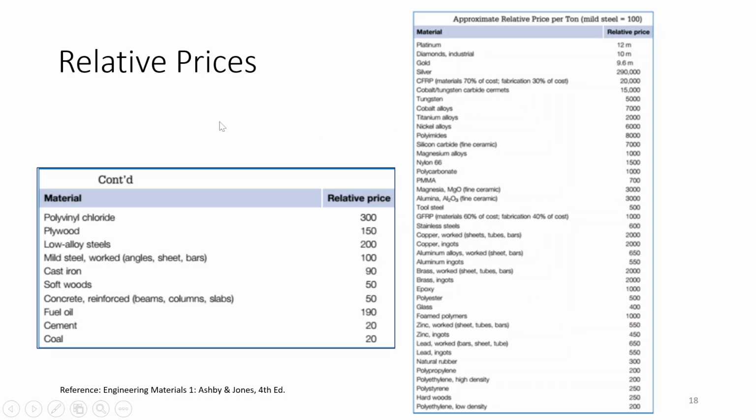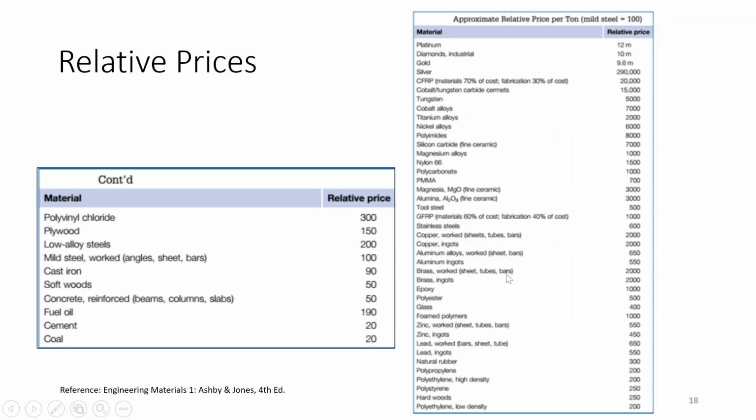Next is relative prices. So these are various materials and their relative prices. Here steel is considered as 100, and these materials starting from platinum, which is 12 million compared to steel, and then diamond, gold, silver, these are some of the expensive materials.